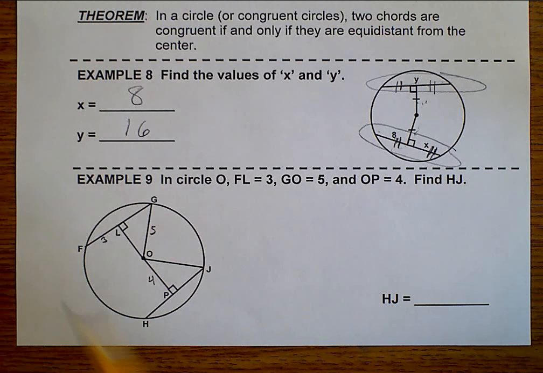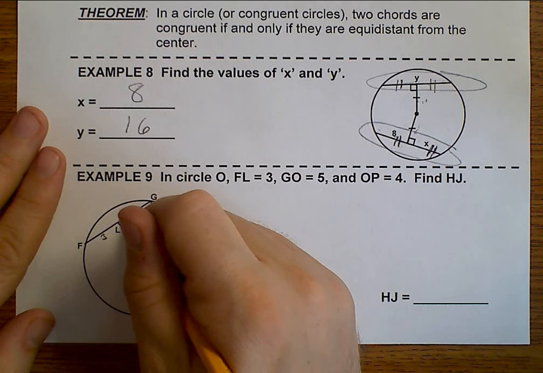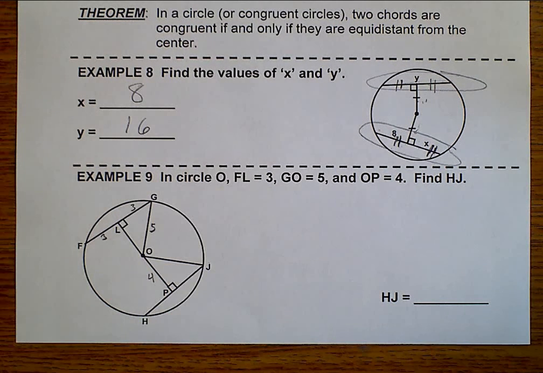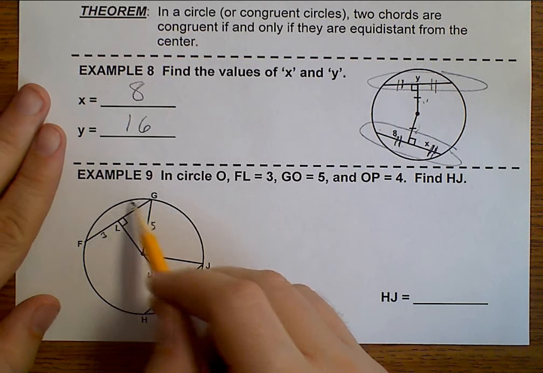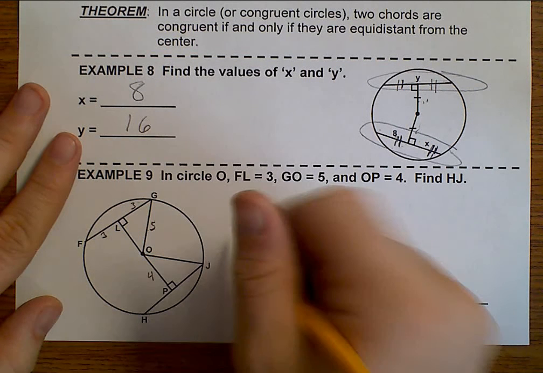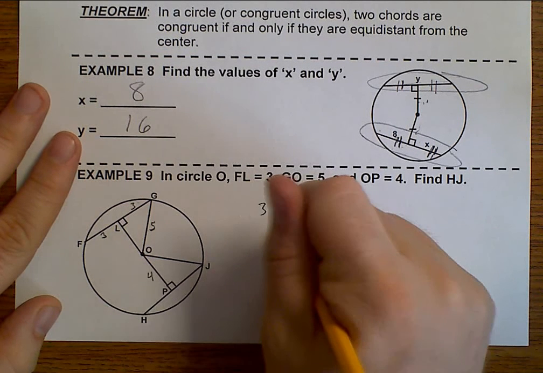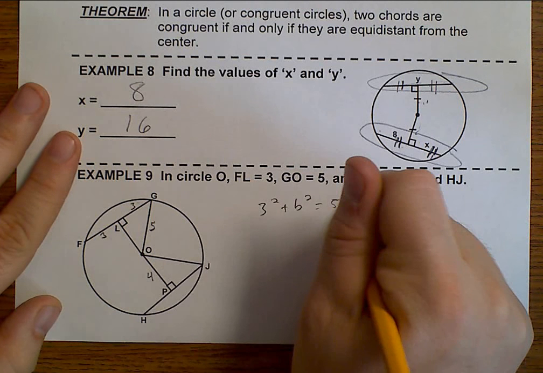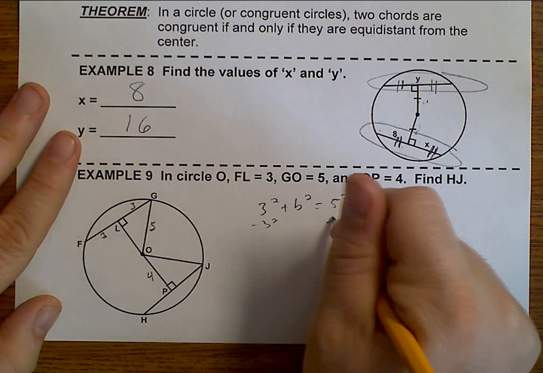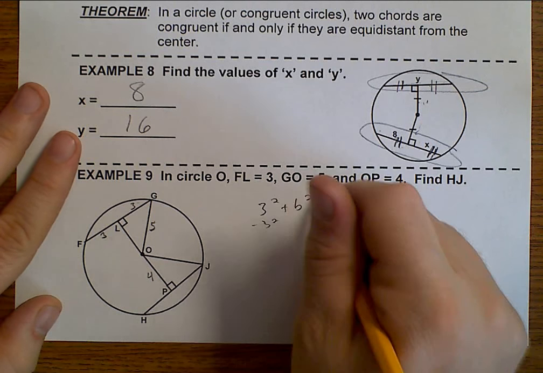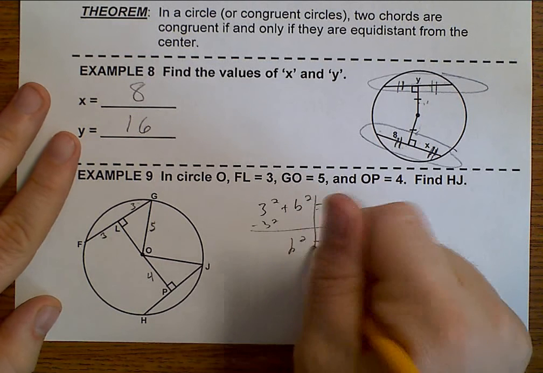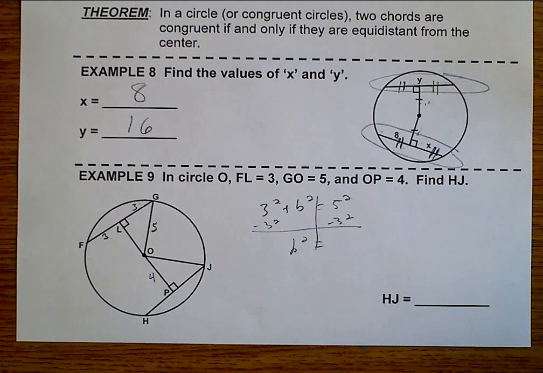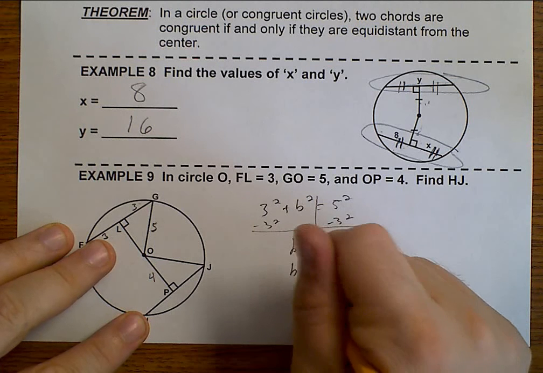So if this is 3, that means that this is also 3. Alright. And now we can go ahead and use Pythagorean theorem. 3 squared plus b squared equals 5 squared. If I subtract 3 squared from both sides, I get that b squared equals 5 squared minus 3 squared, which is 16. So b must equal 4.